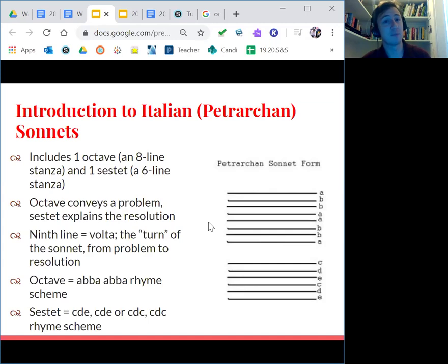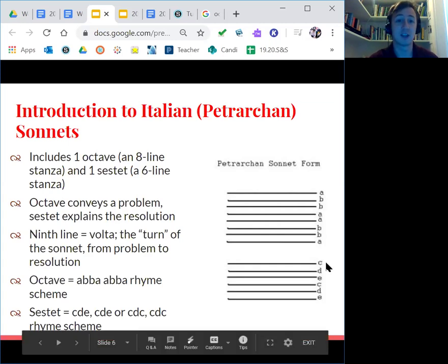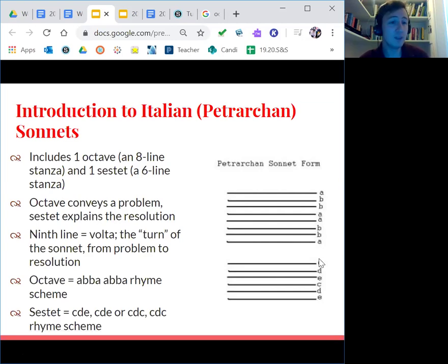So in an Italian sonnet, after the octave, where there's a problem introduced, the volta comes at the beginning of the sestet, line 9, right here. And then the rest of the sestet will answer the problem. They follow that strict rhyme scheme, because remember, there's 14 lines in a strict rhyme scheme. If you're trying to figure out if something is an Italian sonnet, you can just see how each line ends.